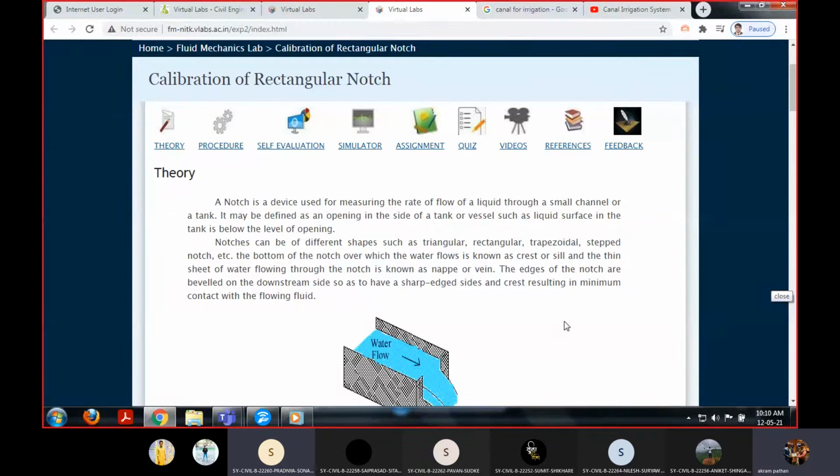A notch is a device used for measuring the rate of flow of a liquid through a small channel or a tank.